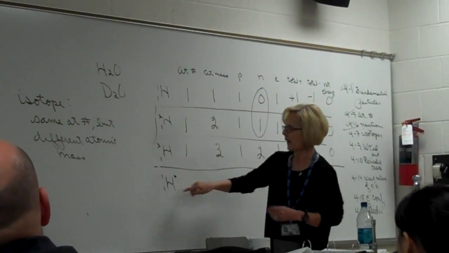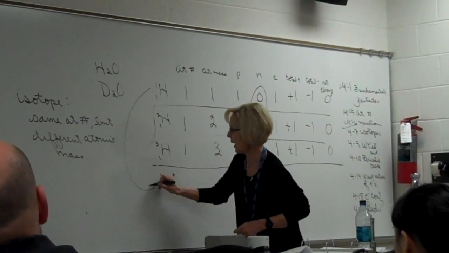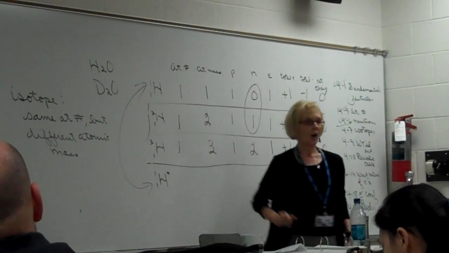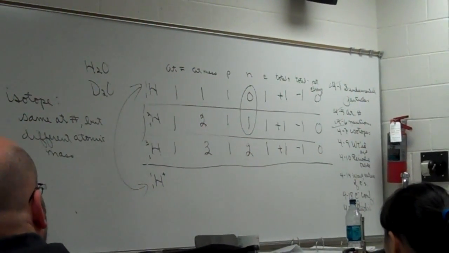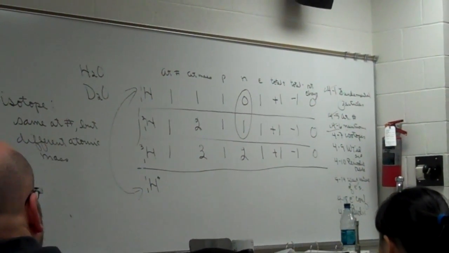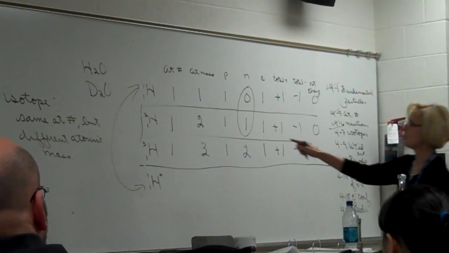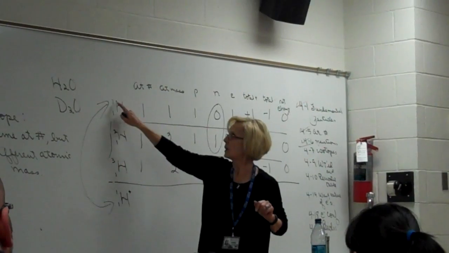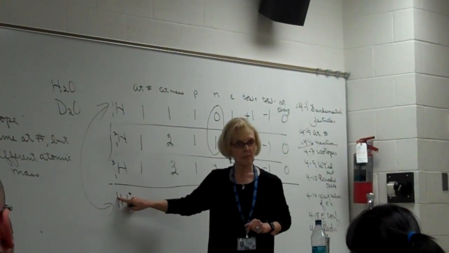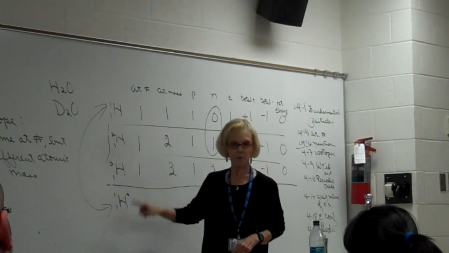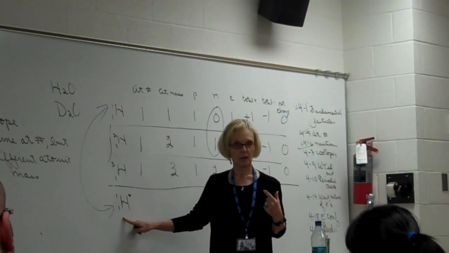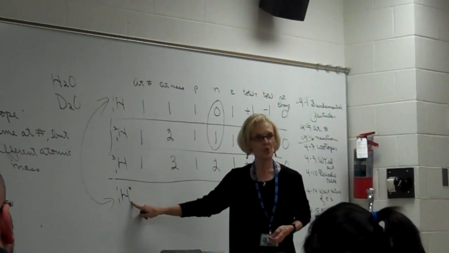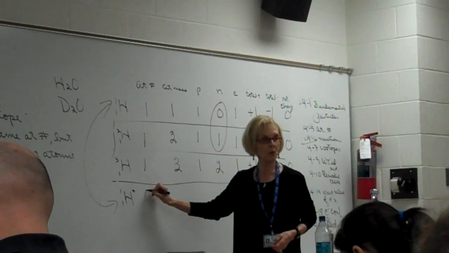Now, if I have this and this, are those isotopes of each other? No. Because here you've got atomic number 1, that's the same, great, but the mass is the same. All we have is neutral atom and ion. Let's fire through here. If we have a hydrogen ion, let's go through and see what we've got.